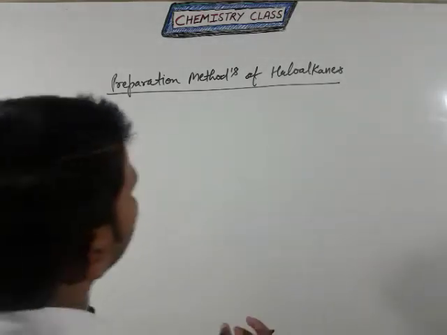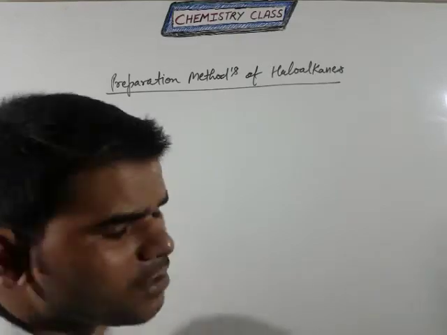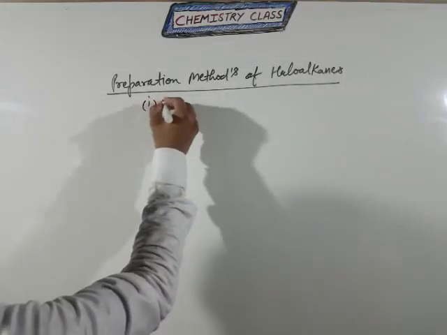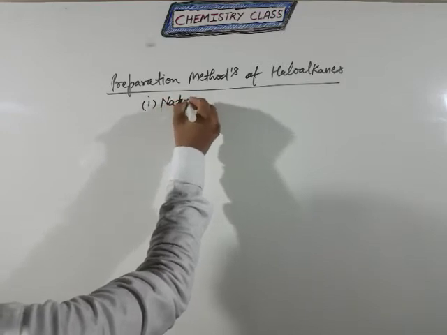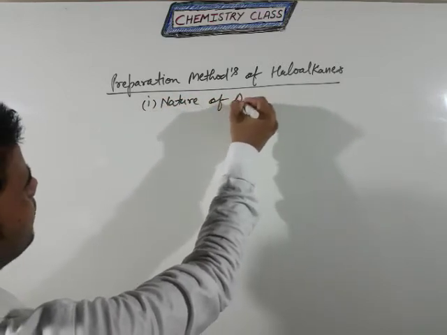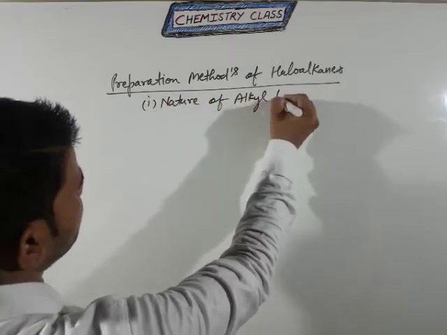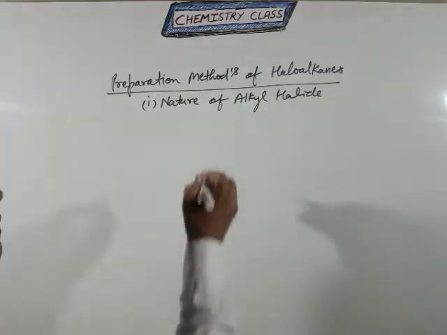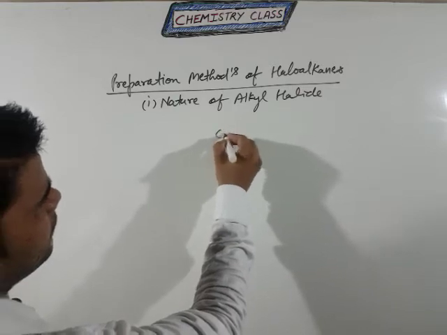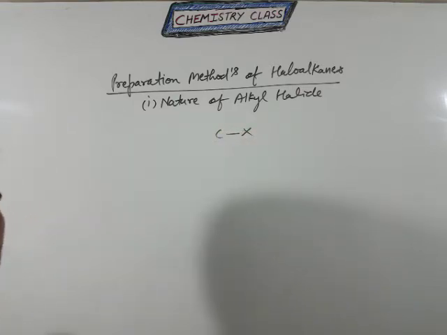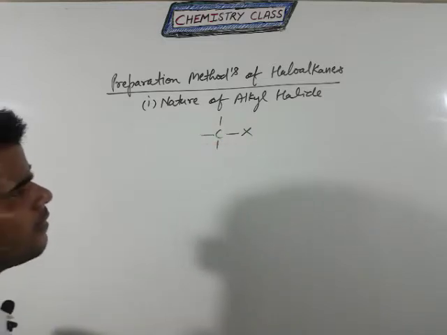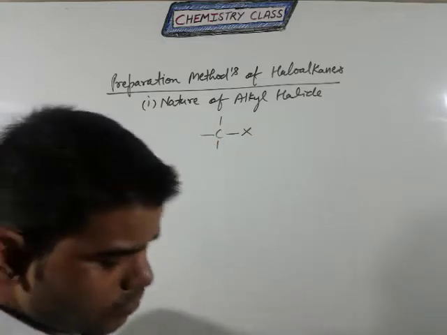Before going to the preparation methods, there is one important point for you: the nature of alkyl halide, that means carbon bonded with halogen. So students, what is the nature of this carbon and halogen bond?